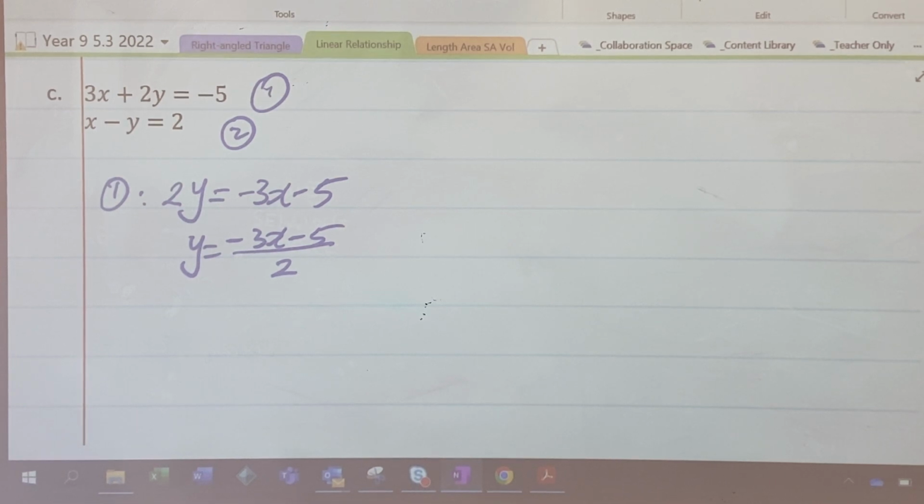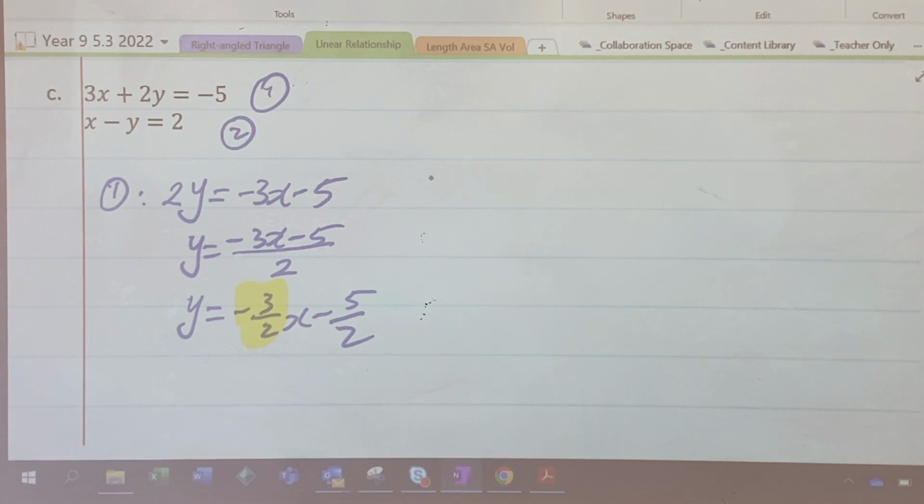Try again. Minus 3 over 2. I do not care about y-intercept. Even if you got it wrong, it doesn't matter. Well, we shouldn't get it wrong, but even if you do, it does not impact your results. We are looking at this number here. Make sense? You okay?